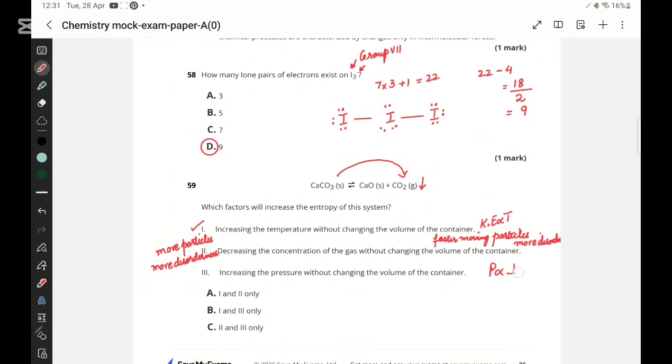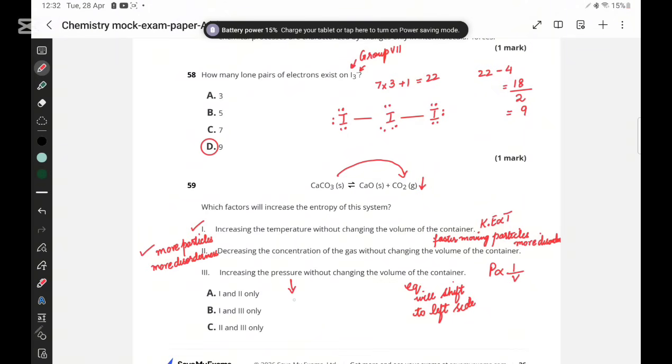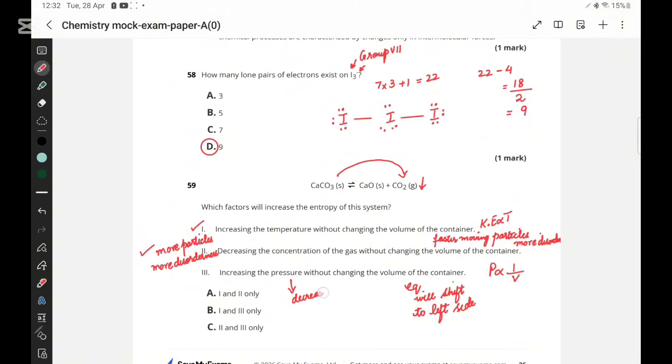Pressure is inversely proportional to volume, so the equilibrium will shift towards the left hand side, and that would basically decrease the entropy. So option 1 and option 2 result in increasing entropy, and option 3 results in decreasing entropy, because the equilibrium moves towards the left hand side and you are going to have solid there. So option A is going to be the correct one.